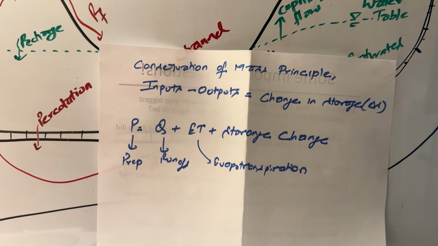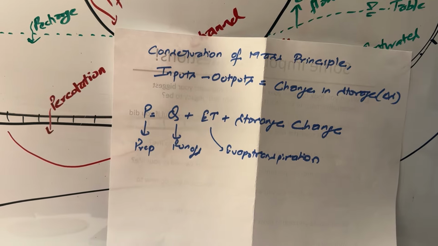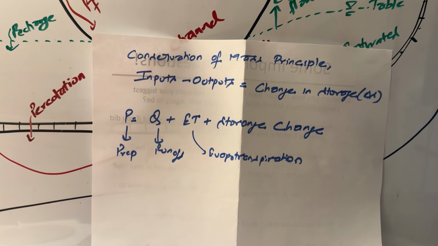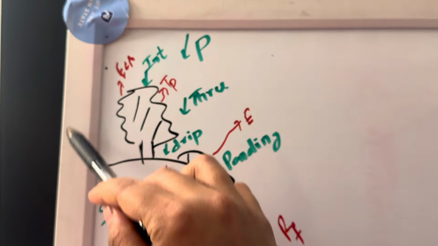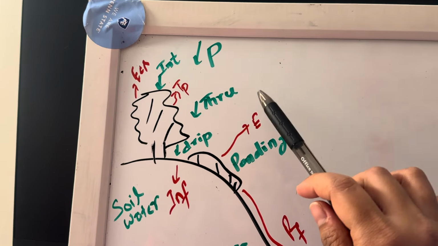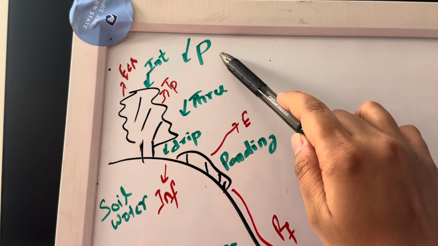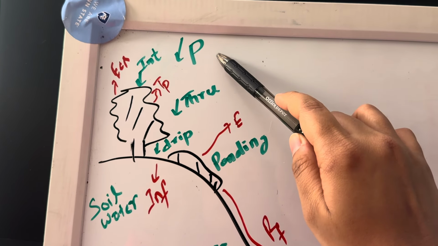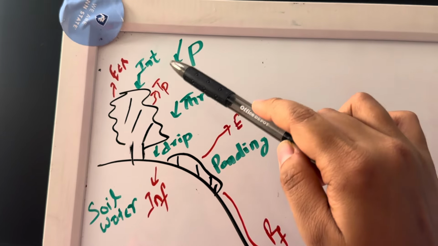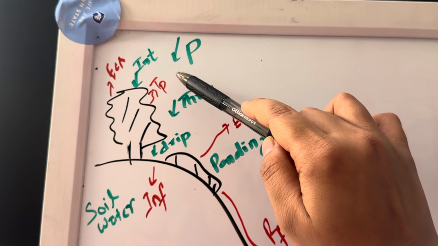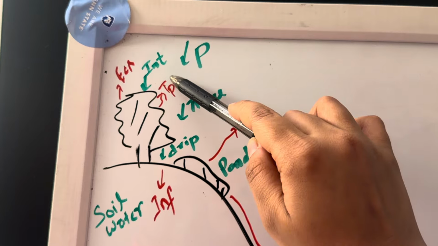Based on this concept, now we will talk about the mass balance equation for the different parts of the water cycle, starting with the canopy storage. This area indicates the canopy storage. When precipitation falls directly to the ground, we call it throughfall, but when precipitation falls on the trees or plants, we call it interception.